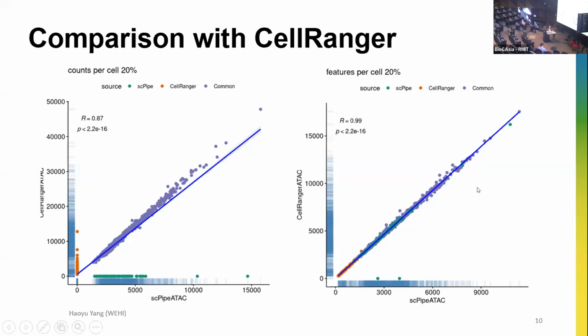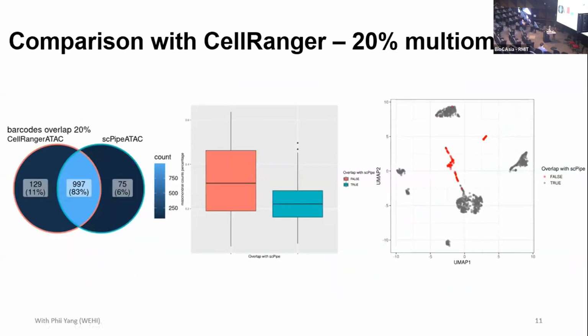So, now on this Venn diagram on the left, you will see that CellRanger and scPipe ATAC are mostly calling the same cells. And the box plot in the middle shows the cells that are called by CellRanger, and whether they are shared with scPipe or not.